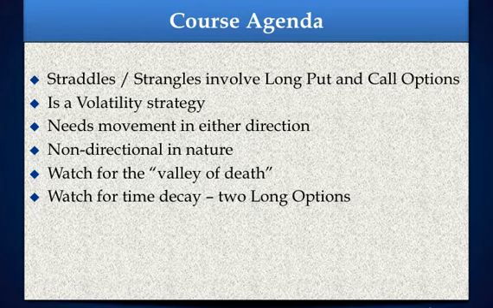We are exposed to time decay on both the call as well as the put options, because we are long both of them. Two long options are going to double the amount of time decay in your option strategy. And that's why as more time goes along, you'll find that the strategy tends to fall into the valley of death. Of course, this is a slow process. So obviously you have plenty of time and opportunity to make adjustments.